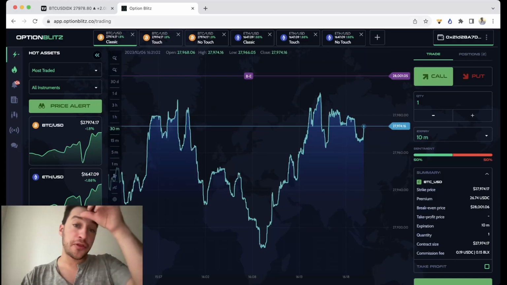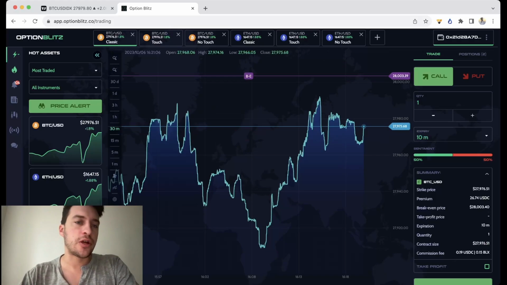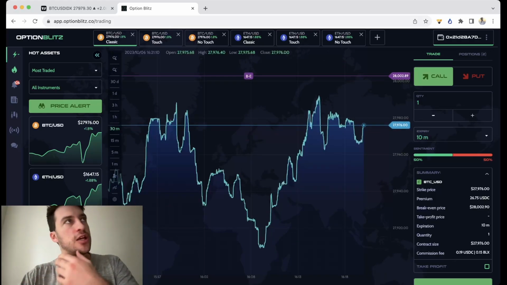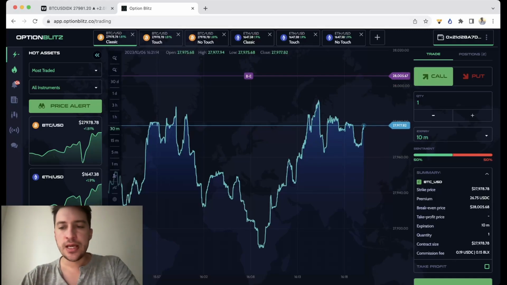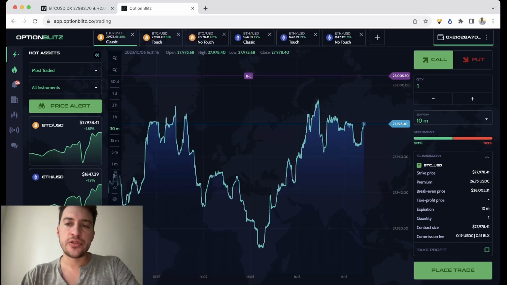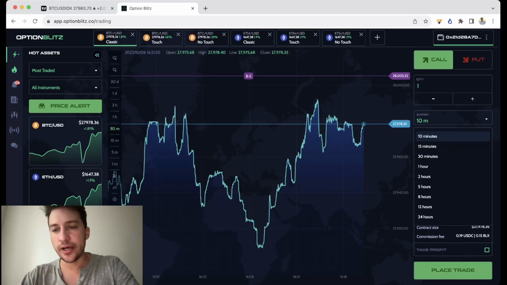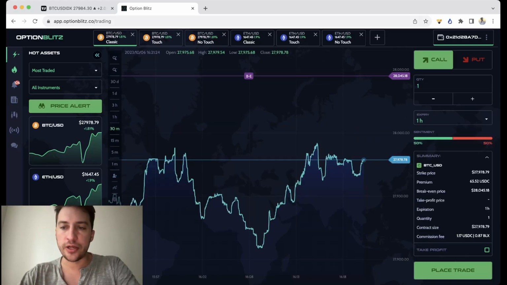Okay, so there are three main types of options, pun intended, you can use, which are classic vanilla options, touch, and no touch. Let's cover each, and then we'll move on to the next segment. A classic option is just a vanilla option. So you can see here, I can get a 10-minute, a 15-minute, I can get any kind of term that I want. If I want to have a 1 hour, I can really do anything I want here.